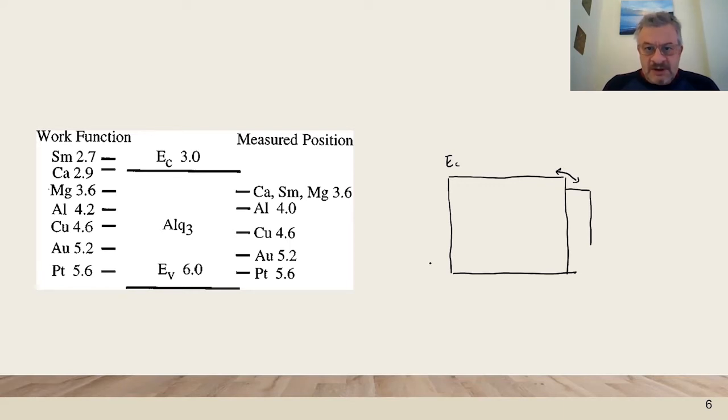And the same thing happens to the hole transport level, that we need here a good energy match, so that we will have materials with a low work function for good contact to electrons, and materials with a larger work function for a good contact to holes.